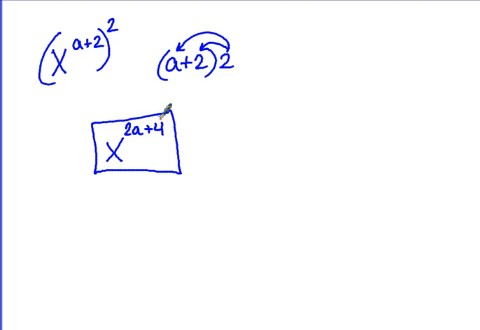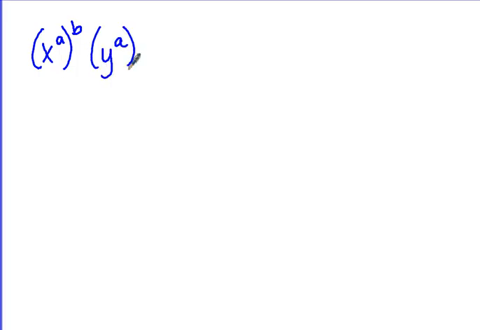Let's look at one that's a little more complex. We have x to the a raised to the b times y to the a raised to the b plus 2, and we're going to throw in some like bases here with x to the negative a. Let's raise a power to a power first.